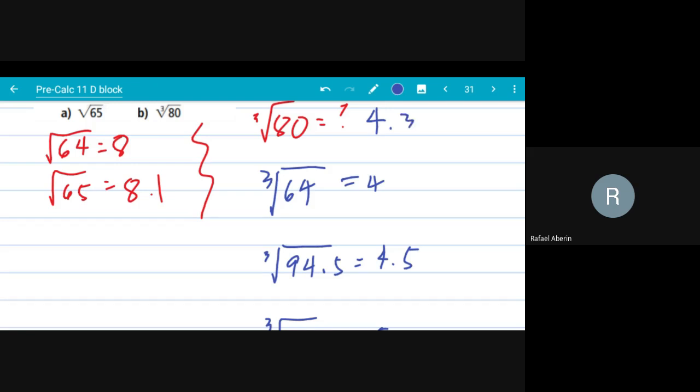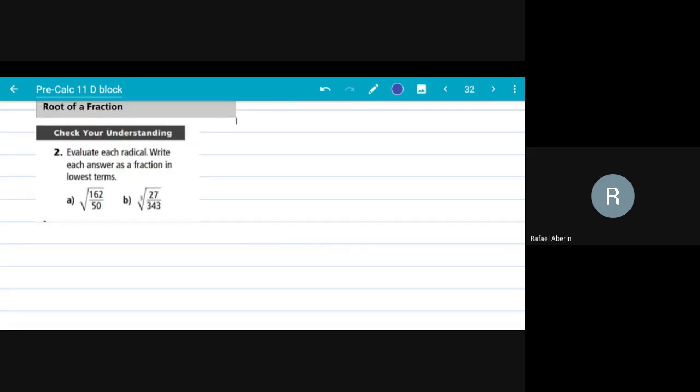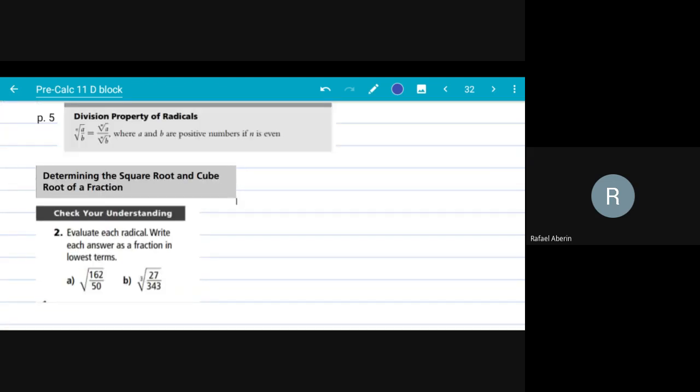Okay, next. More of the same, but this time it involves fractions. So the division property of radicals tells you that there are two things that you can do. If you are getting the root of a fraction, you might want to turn it into the root of the numerator divided by the root of the denominator.